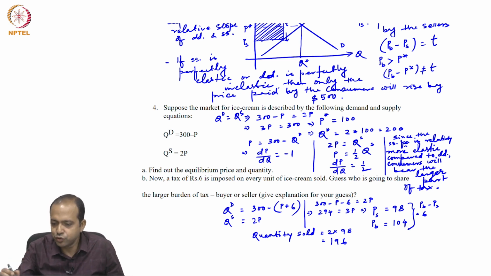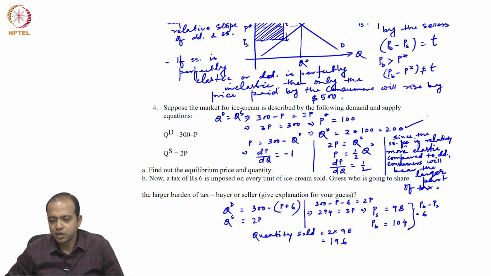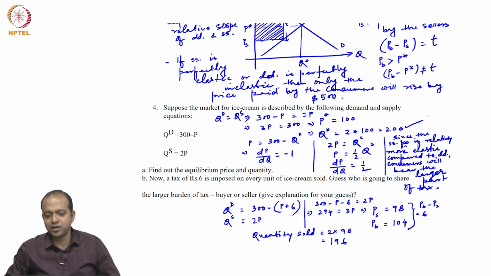So, earlier it was 200. So, obviously, in the post tax situation the quantity sold is 196, that means 4 units less than what they were selling earlier. Okay.